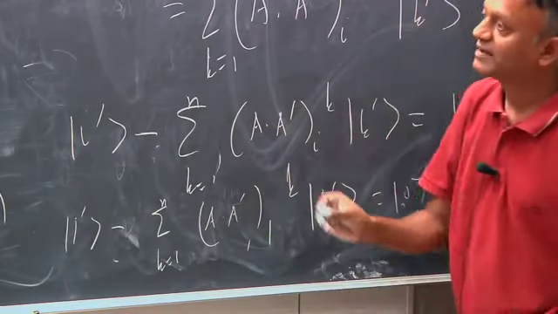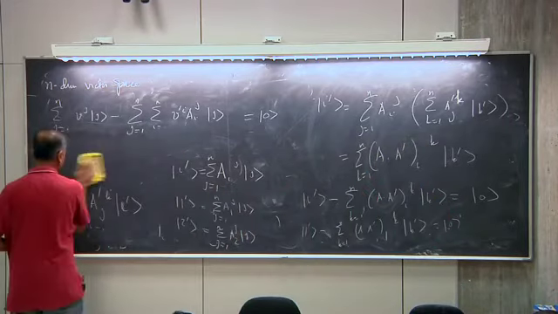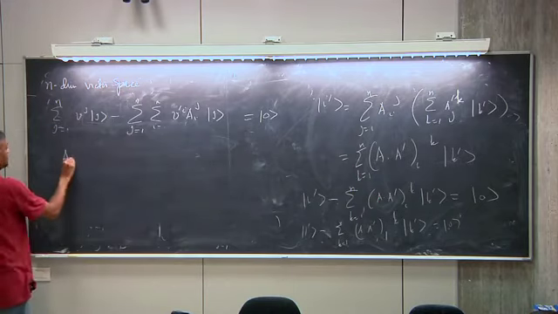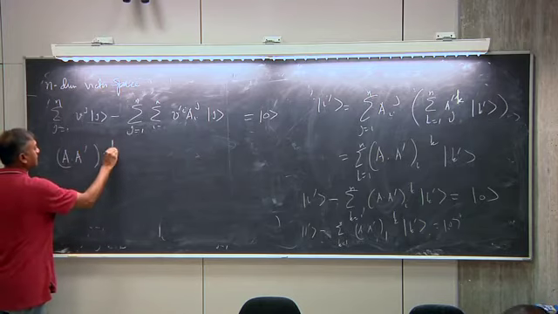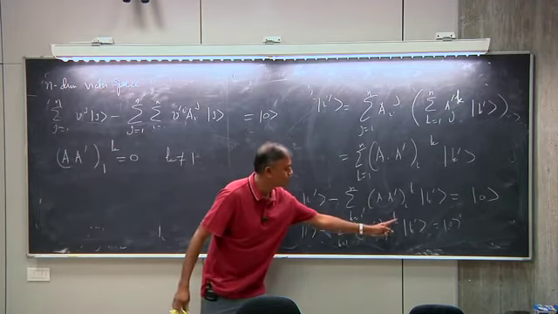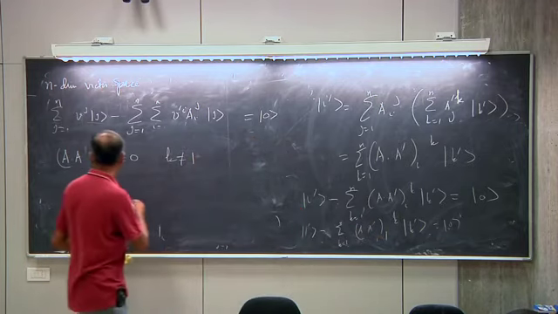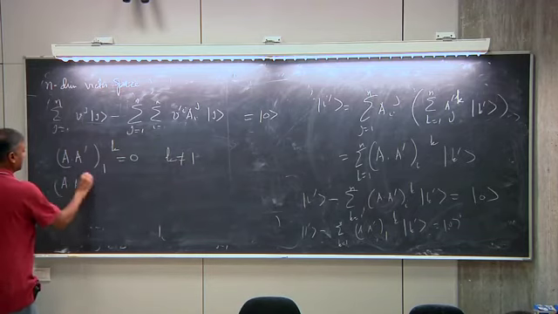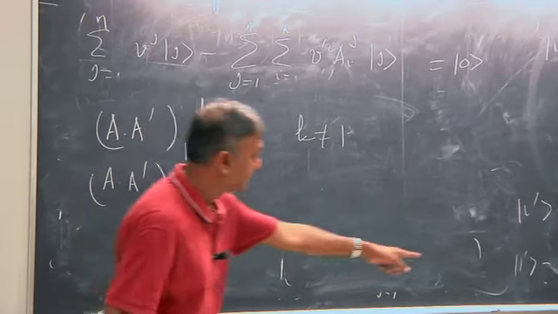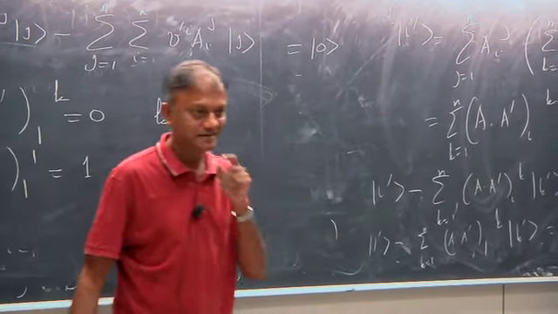So the conclusion from this is that A times A prime 1k is equal to 0 when k is not equal to 1. When k is equal to 2, 3, etc., this must be 0, because here there is only 1 prime. And A times A prime 1, 1 must be equal to 1. I'm using just the linear independence of that. Is that clear?